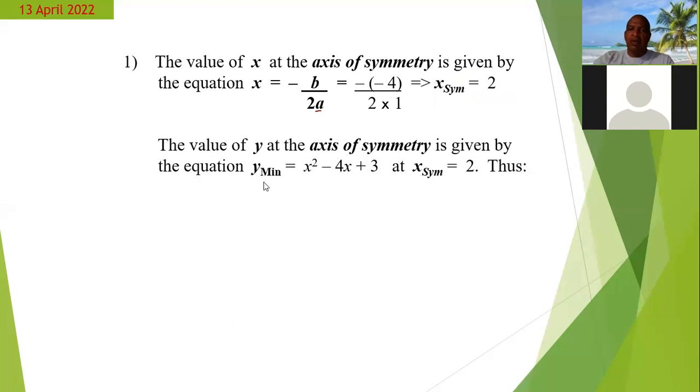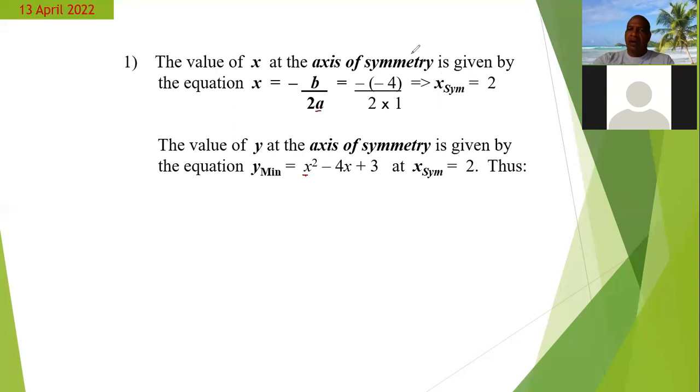So here now, for y min, we're going to put in the value of x at the symmetry, equal to 2, wherever x is in the equation. So we have x squared here, so we're going to put a 2 here and get 2 squared. Where we have the x in the middle, we're going to put a 2 there, so we have -4 times 2.